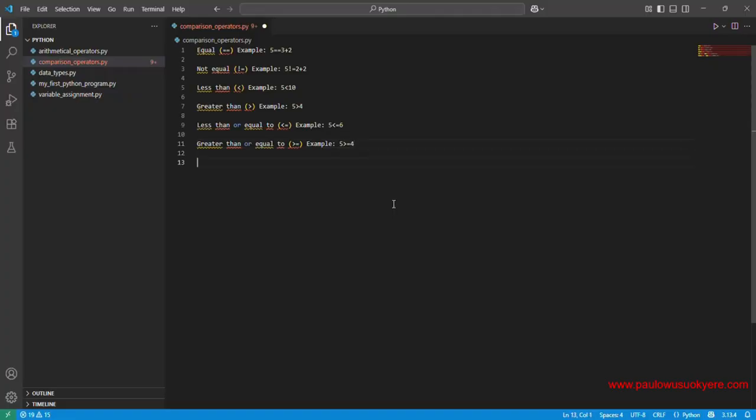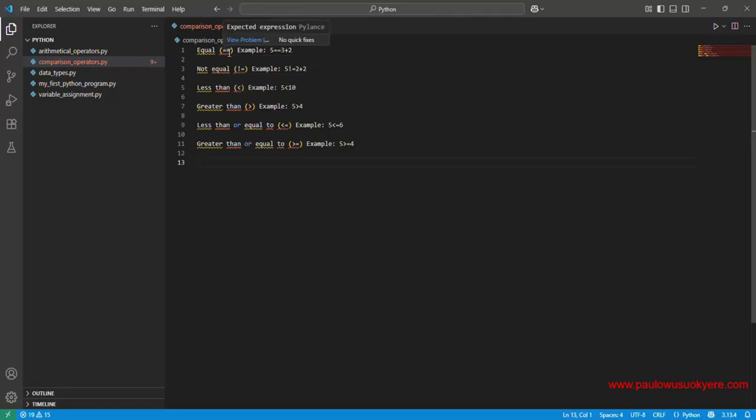So we have these comparison operators in Python. The first one is equal, which means the same, and the symbol is two equal signs.